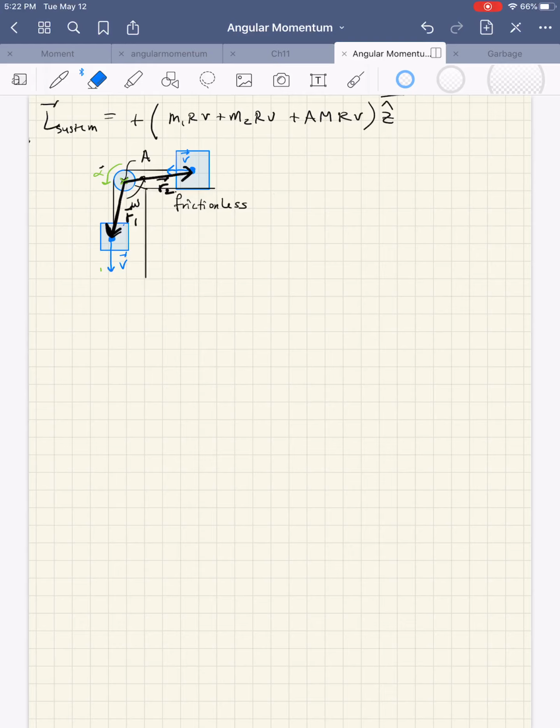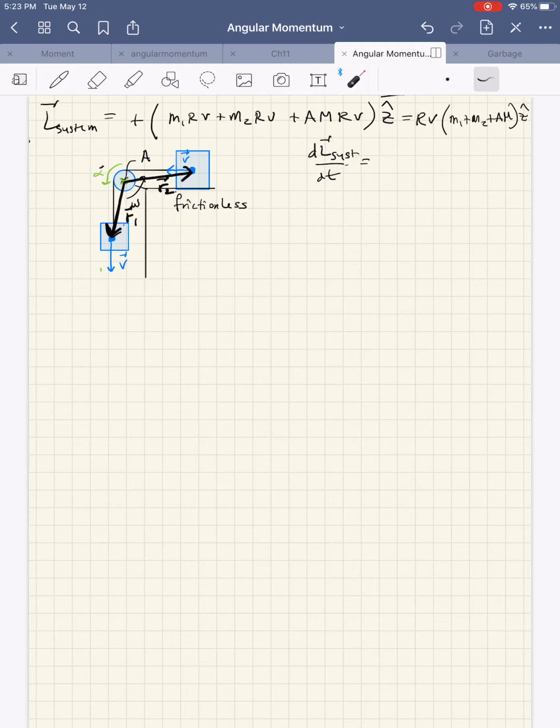Okay, so I want to think about sum of torques. So the first thing I'm going to do is manually take a derivative of the whole system and say that that's related to the net torque. Before I do that, I'm going to pull out an R and a V, which is common to both of them, and I have an M1 plus M2 plus AM positive Z hat.